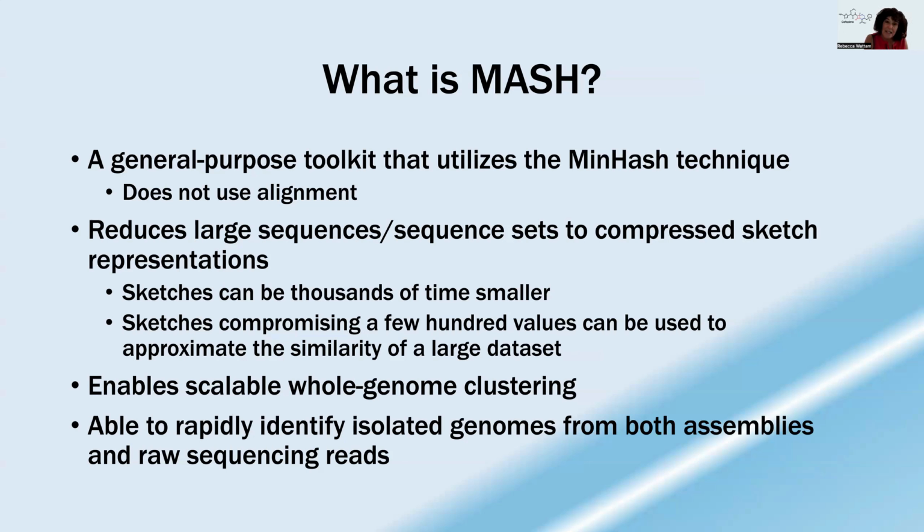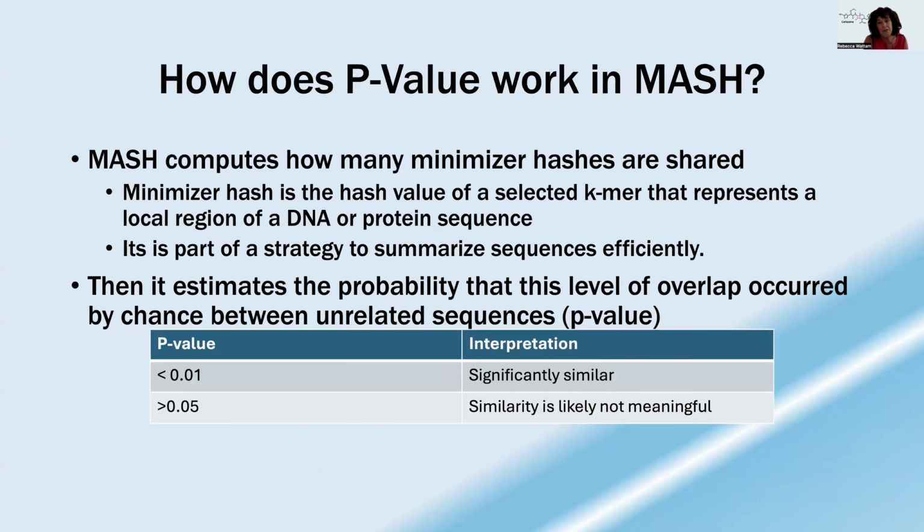So what this does is it enables you to cluster a bunch of whole genomes and to rapidly identify similarities and compare data across those. So you can bring your private data in and look at the public data and see who's closest. Mash also gives you a p-value, so you know how significant the data is.